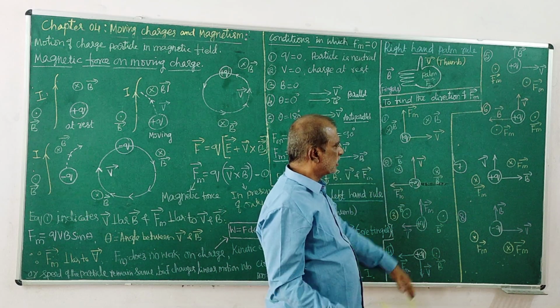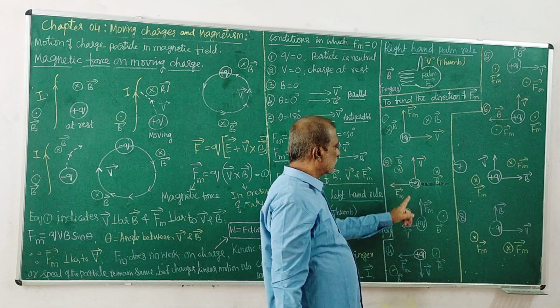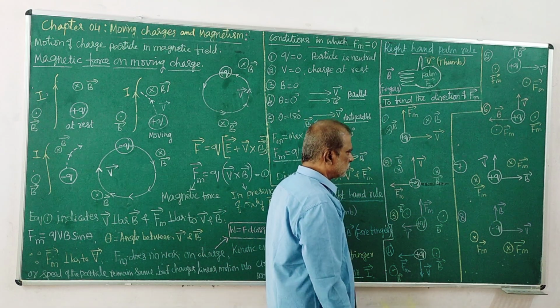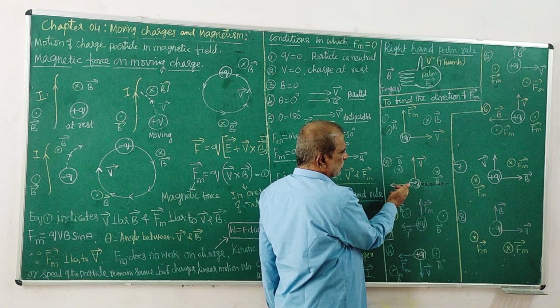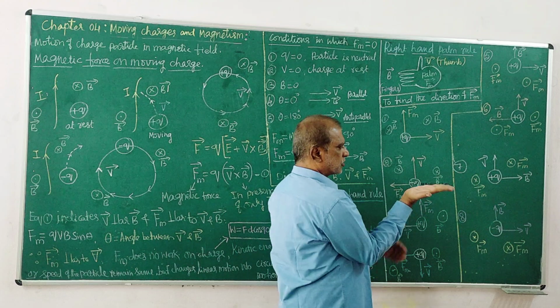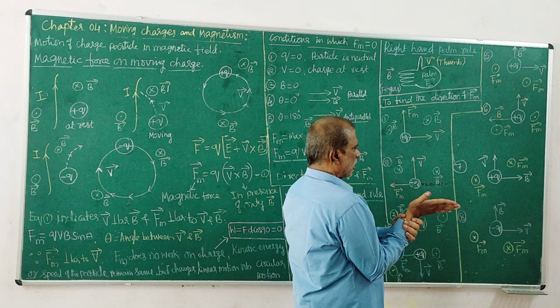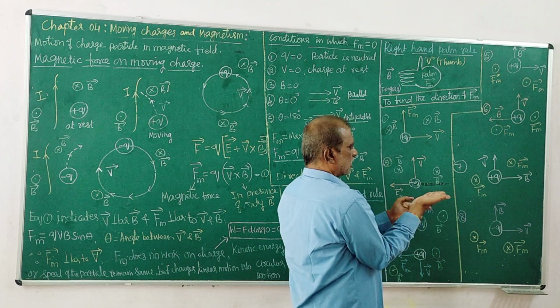So with all this I will explain. We are using the right hand palm rule. This is one. Here assume that the direction is not given, only this and this. Stretch your right hand palm like this, and velocity vector.